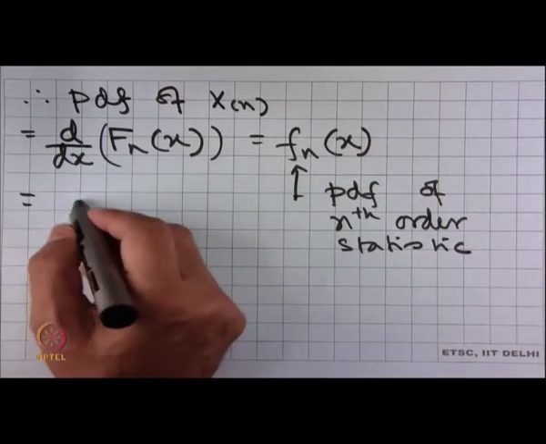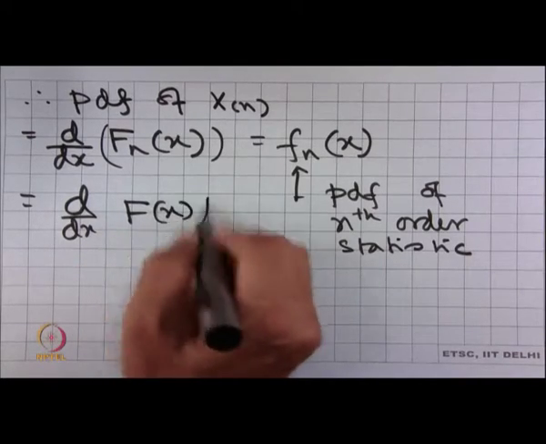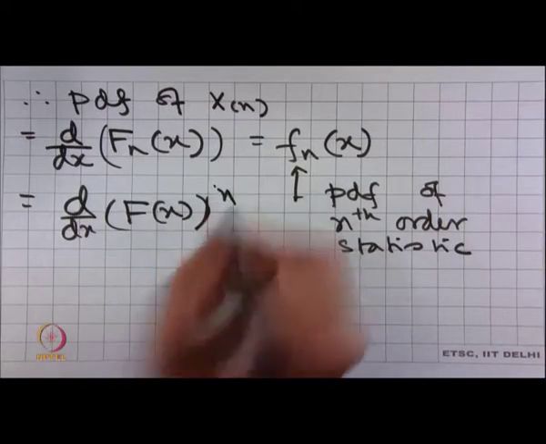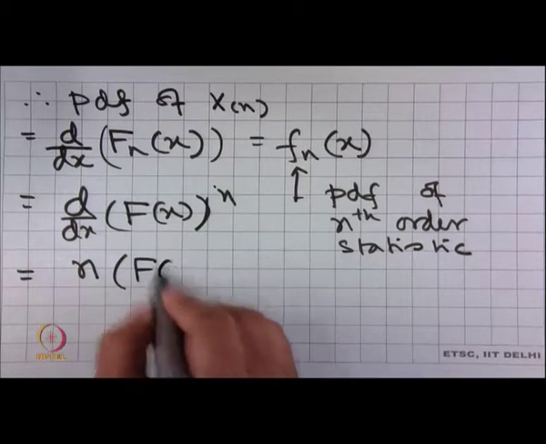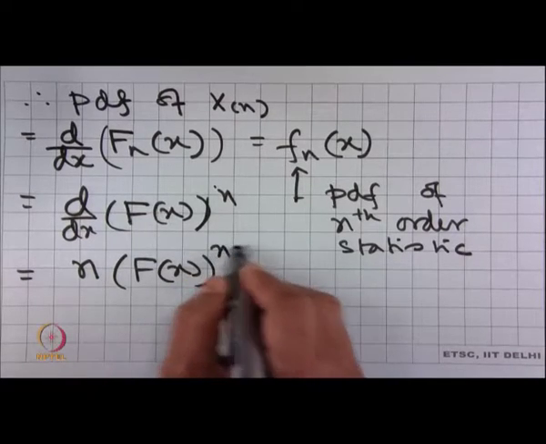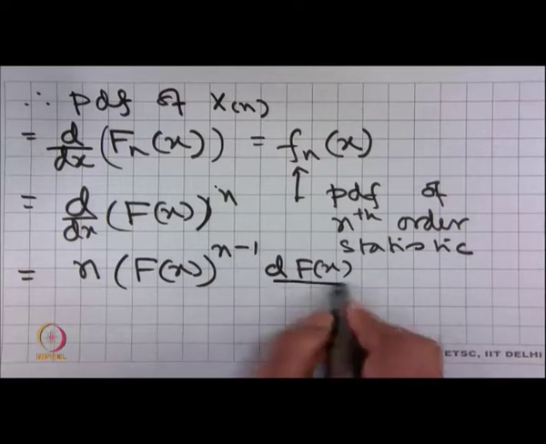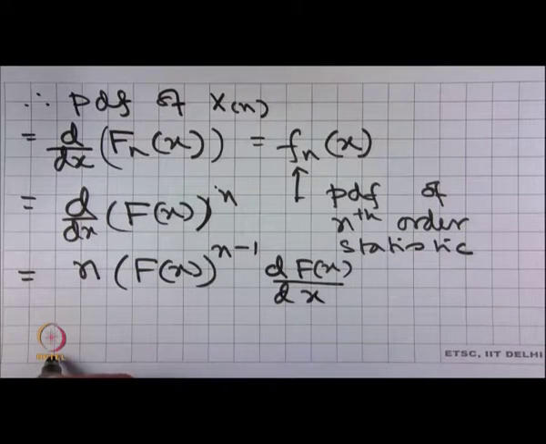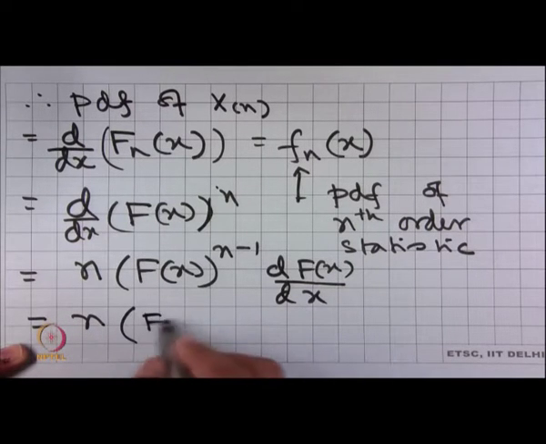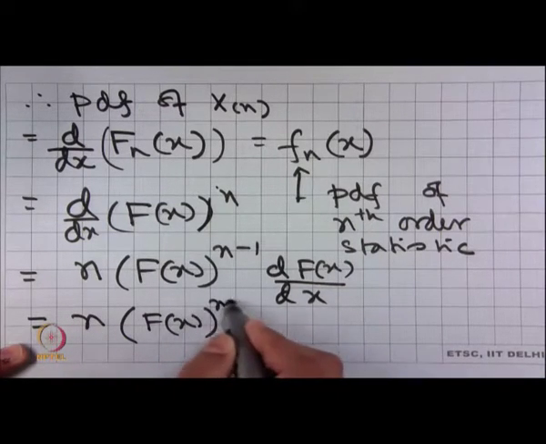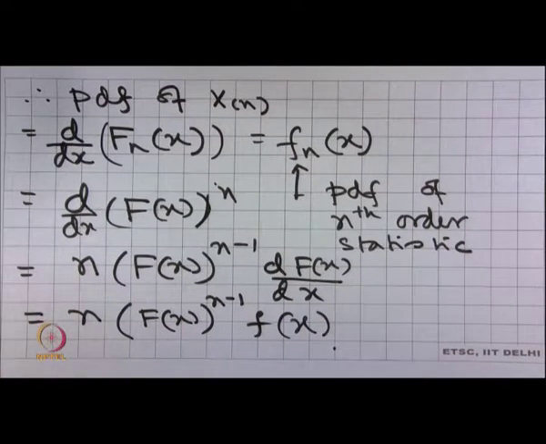It is equal to d dx of F x to the power n, which is equal to n times F x to the power n minus 1 times dF x dx, which is equal to n into F x to the power n minus 1 into f x.